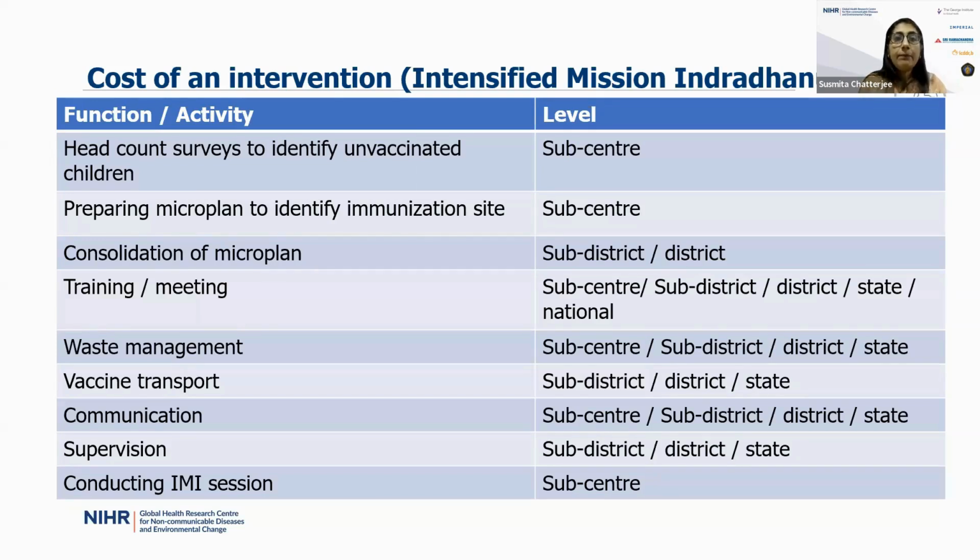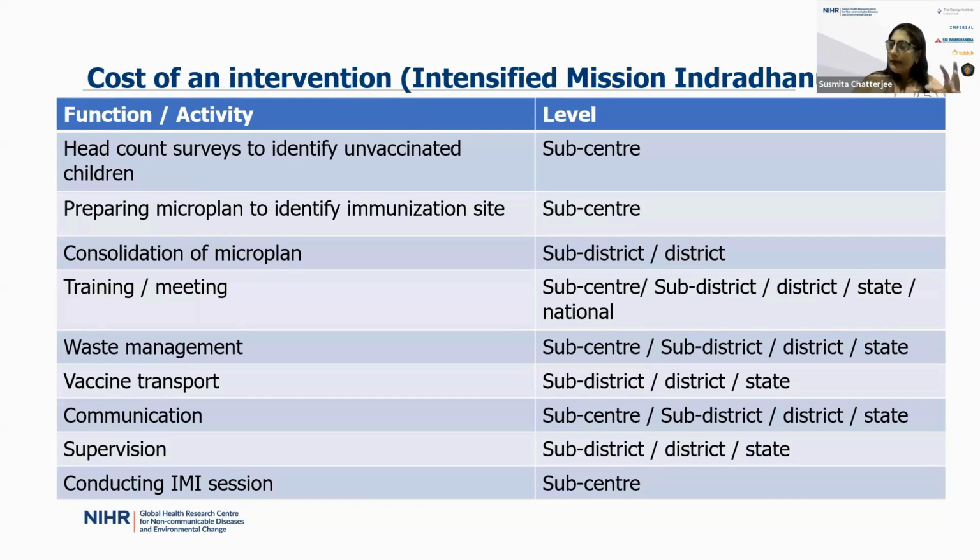Accordingly, they made a micro plan: I have to do a session here because there are brick kiln workers here, I have to sit there to vaccinate their children, I have to go to the top of the hill to vaccinate those children. So those were the activities that happened. Where did this happen? At the sub-center level, at the below level. So you have to find out what happened there. Those are the activities at the sub-center level.